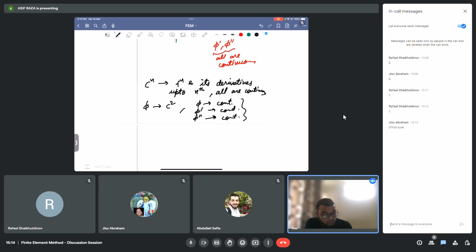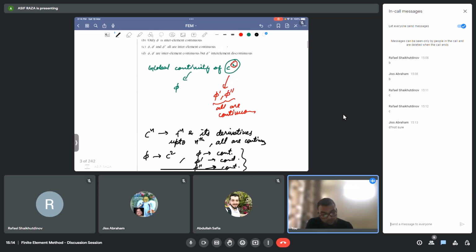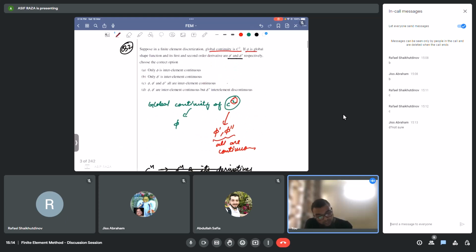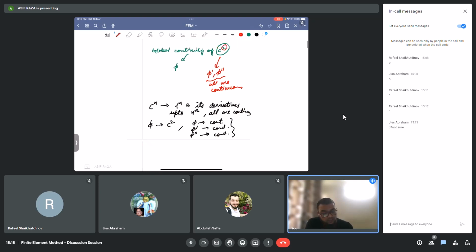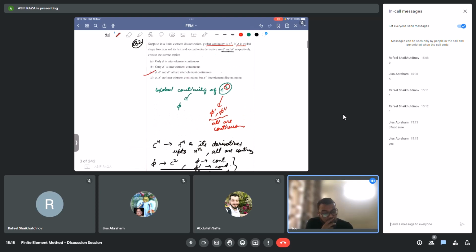So all three are continuous throughout the domain. As a result, our correct answer would be option C. I hope this is clear. Jess, if you can say what you are not understanding in this?